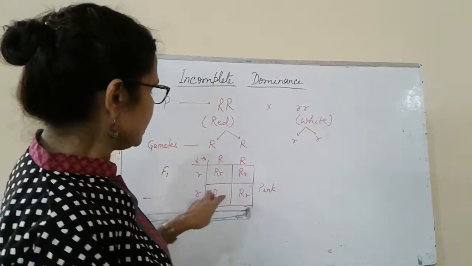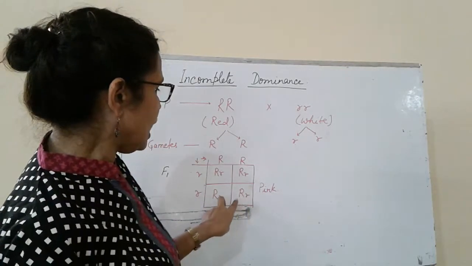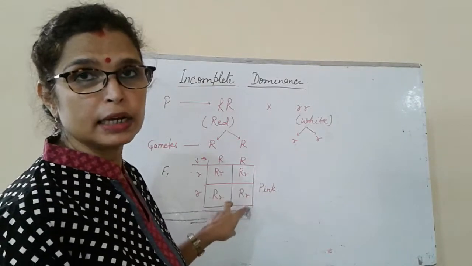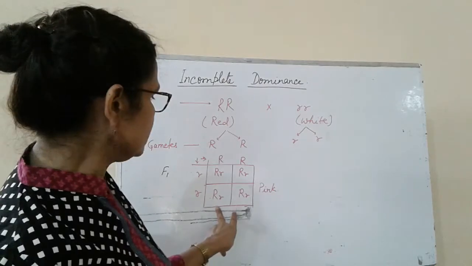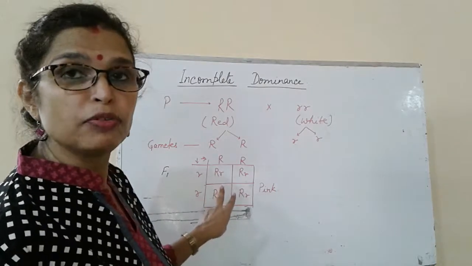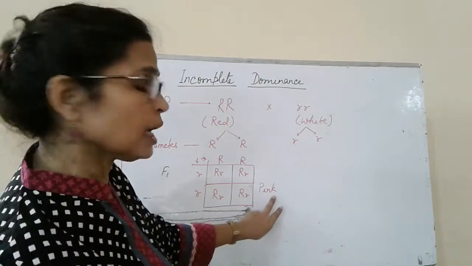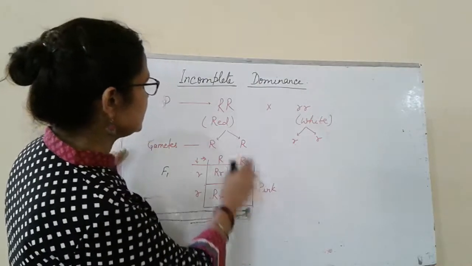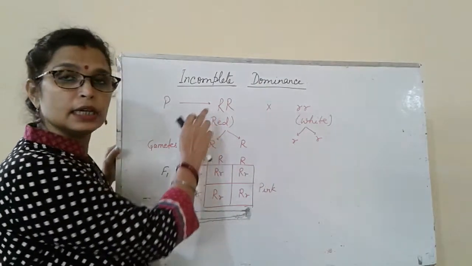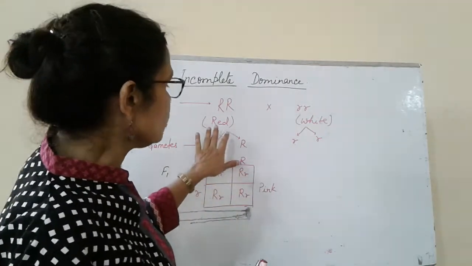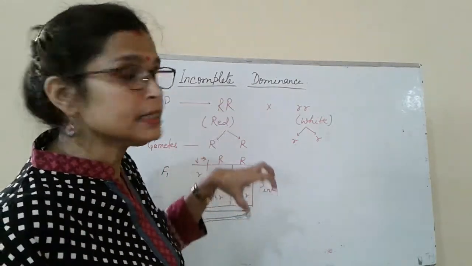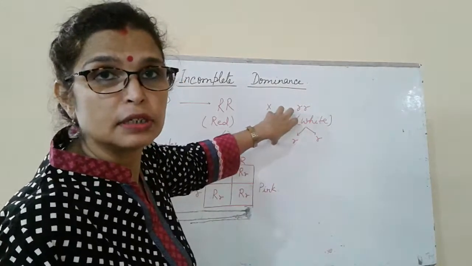But phenotypically, these plants have pink colored flowers. According to Mendel's law of dominance, these flowers should be of red color, but here the flowers are of pink color. That means the dominant gene is not able to show its dominance, or is not able to completely suppress the recessive gene.